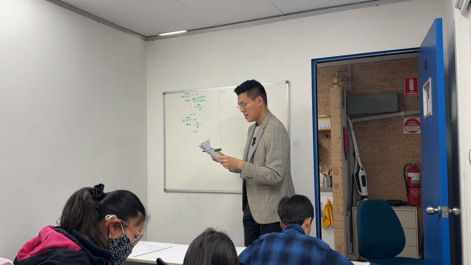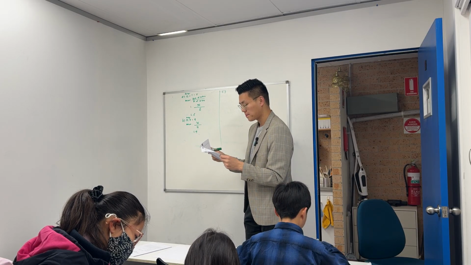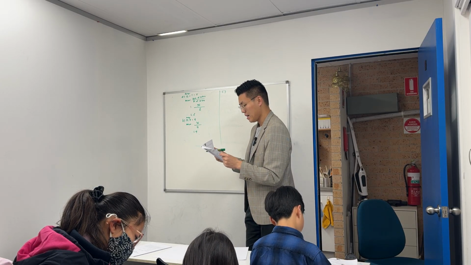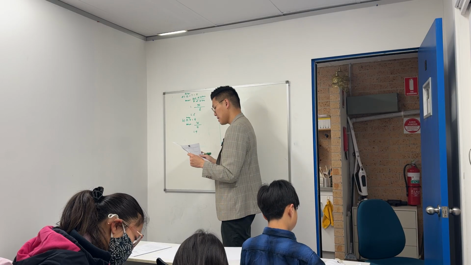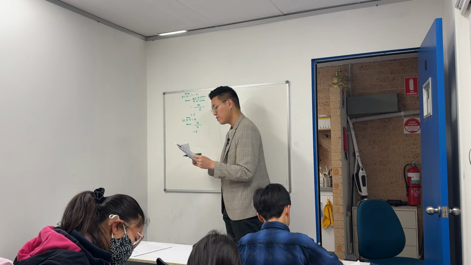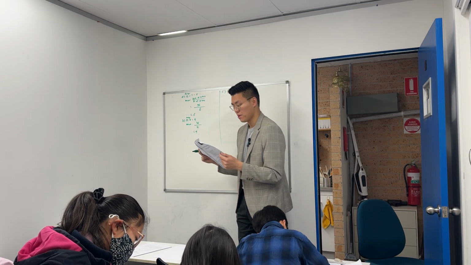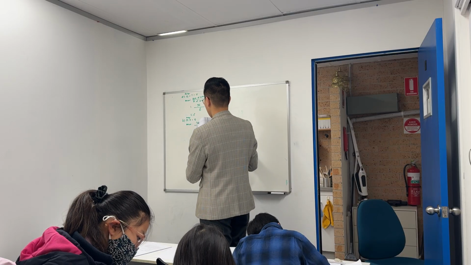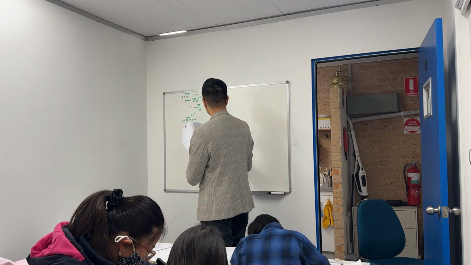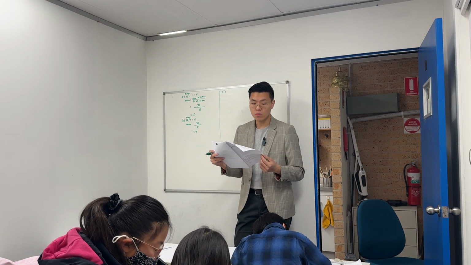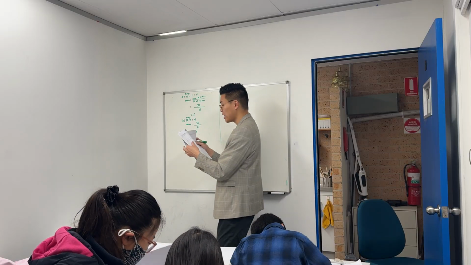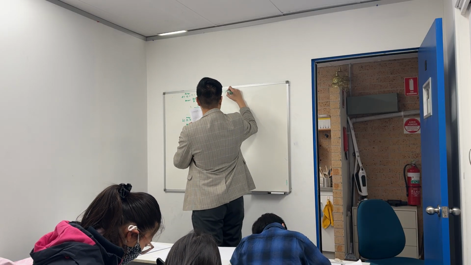All right. Next one. Question C. For the following data sets, find the median and the mode. When I'm trying to find the median, the first thing I need to do is rearrange my data in ascending order.